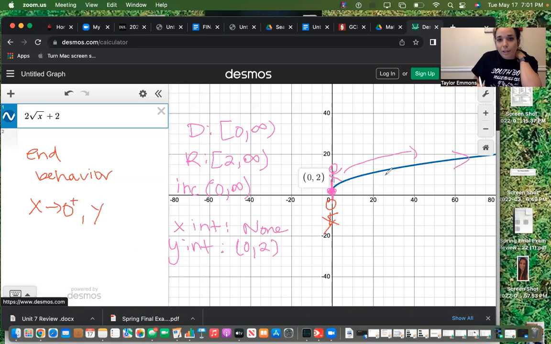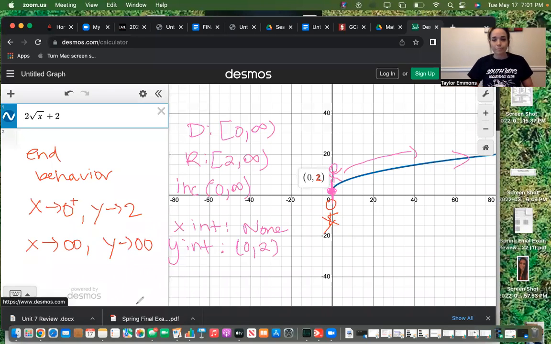What is your y doing? Well, it's getting closer and closer to this value 2. So as we're looking to the left, it's going to be going closer to 2. As we get farther right, what's happening to our y values? They just keep on going up. Okay.